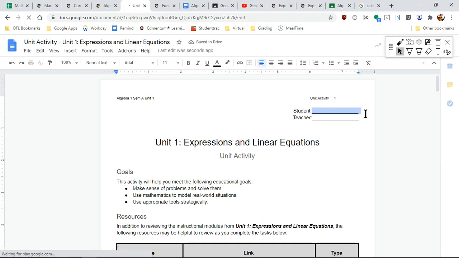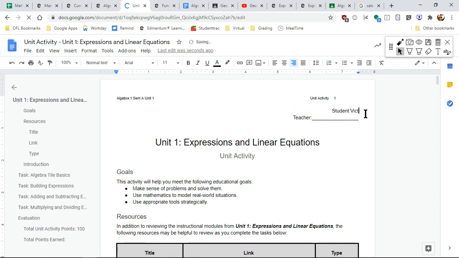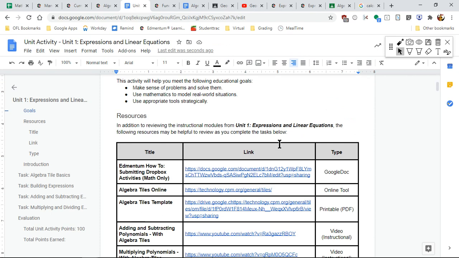You would write your name here. So my name is Victor. You would write your IS teacher name. So for example, if your teacher is Alicia, write Alicia. If your teacher is Anush, Miss Clara, write it there.